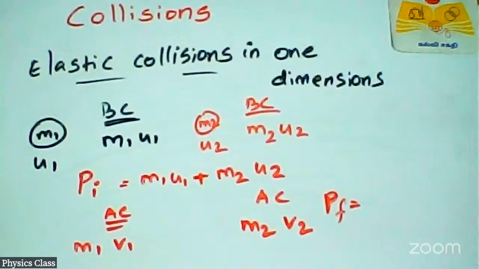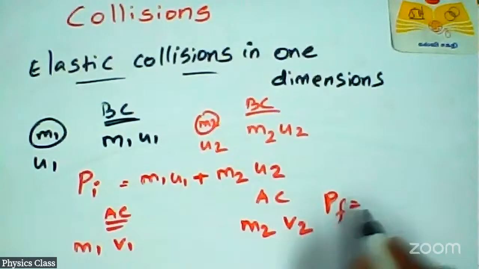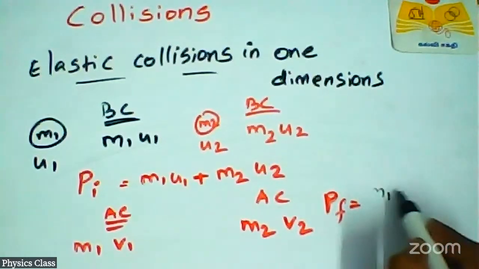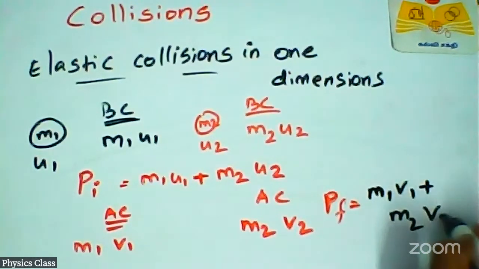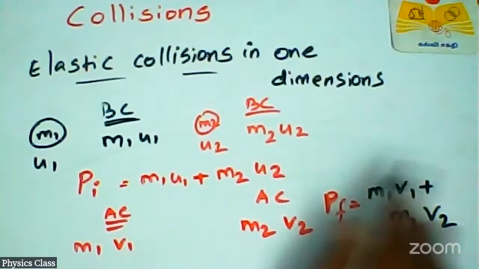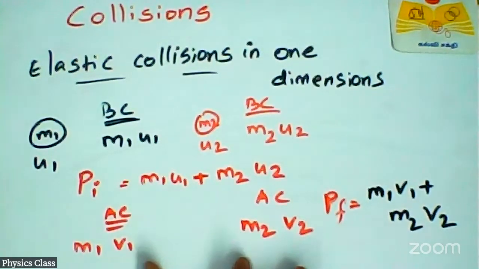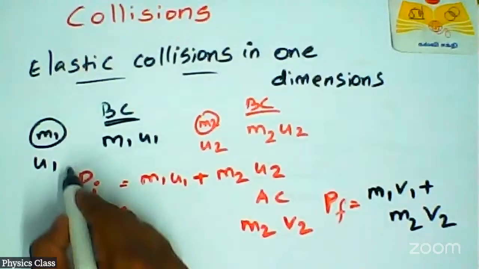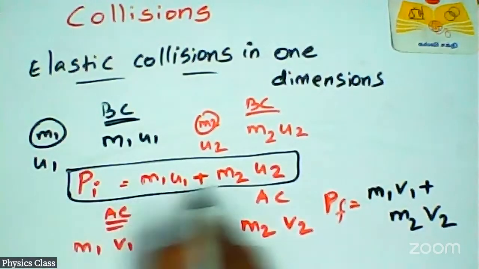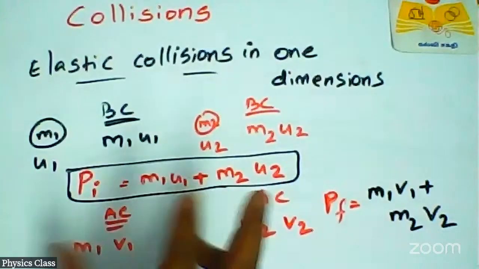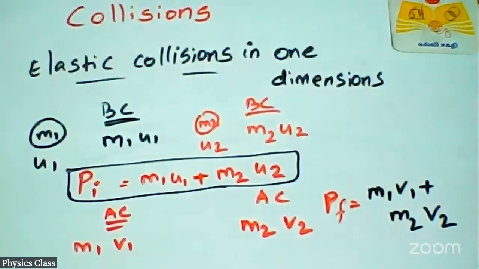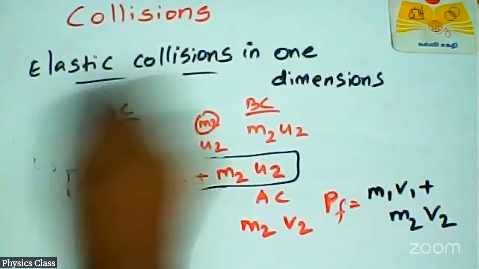Pf equals m1 v1 plus m2 v2. This is the total linear momentum of the two objects after the collision, and that was the total before the collision. According to the law of conservation of linear momentum, these two momenta are equal.